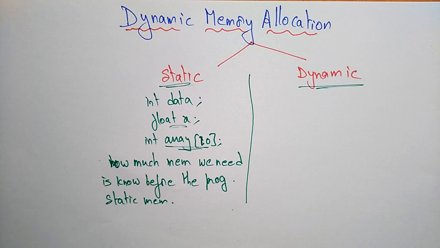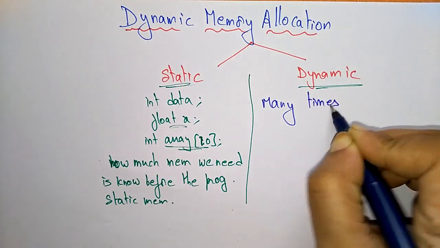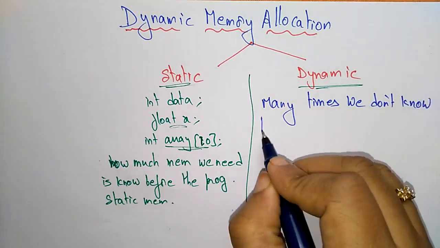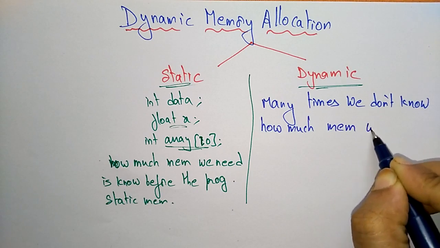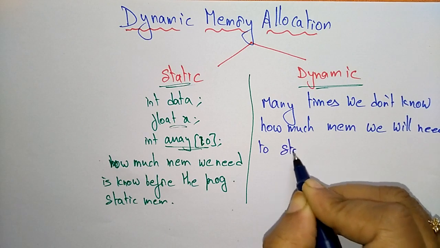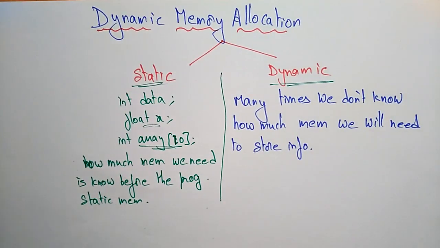So what is dynamic? Dynamic means many times we don't know how much memory we will need to store information. The size of the required memory can be determined at runtime.